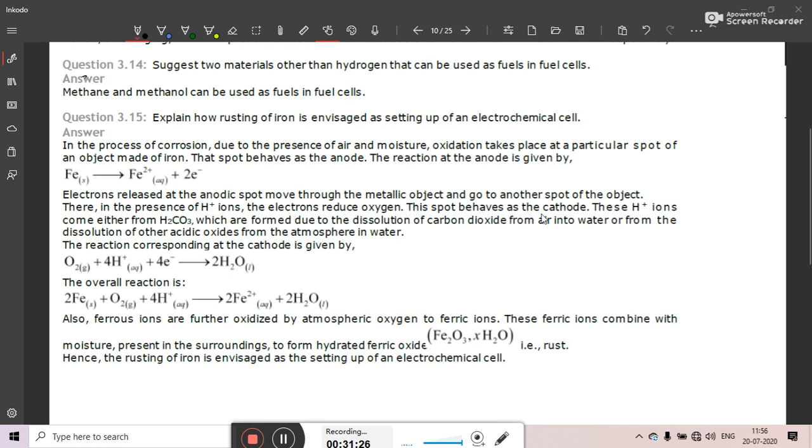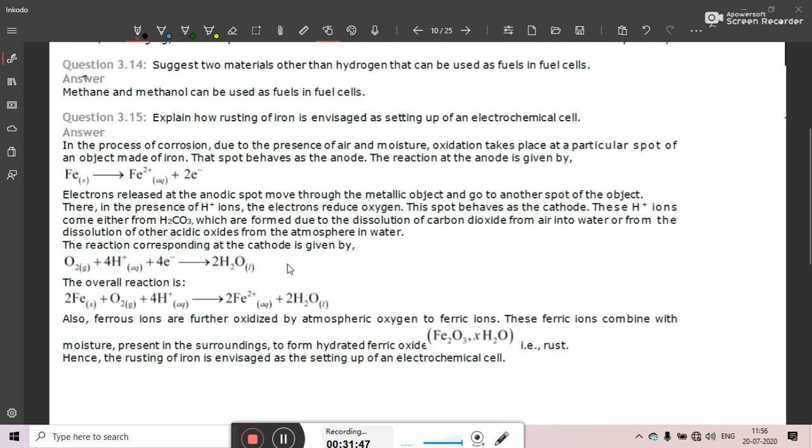These H+ ions come either from H2CO3, carbonic acid, which is formed due to the dissolution of carbon dioxide from air into water, or from the dissolution of other acidic oxides from the atmosphere in water. The reaction at the cathode is given by O2 plus 4H+ plus 4 electrons gives 2H2O.